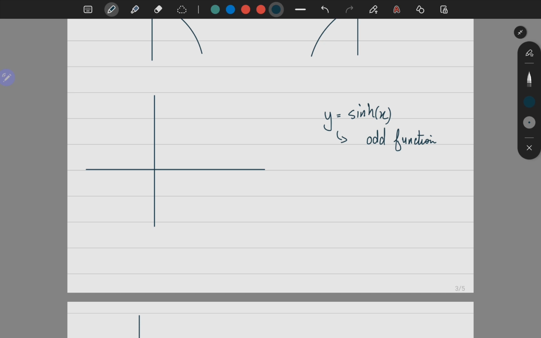So it's not reflected perfectly along the x equals 0 line. This is the x equals 0 line, by the way. But when you see something like cosine, that is reflected. If you draw the graph out, you'll see that it is reflected by x equals 0. And if you see something like sine x, it's not reflected, so therefore it is odd. But if it is reflected, it is even.